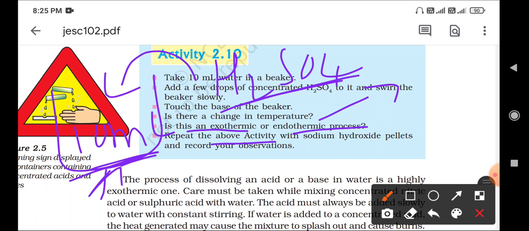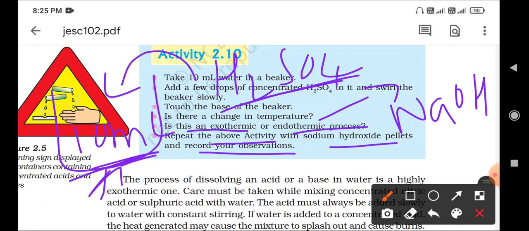Repeat the above activity with sodium hydroxide pellets and record your observation. Now, instead of H2SO4 you have to take sodium hydroxide pellets, small round tablets, and put them in the solution.